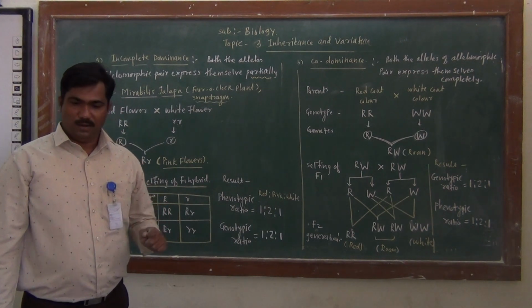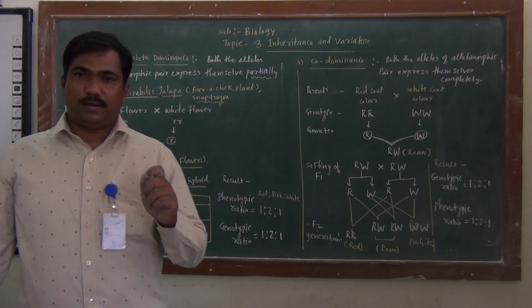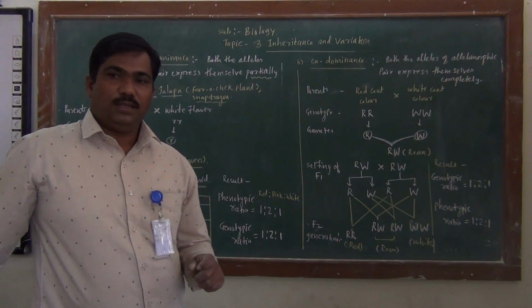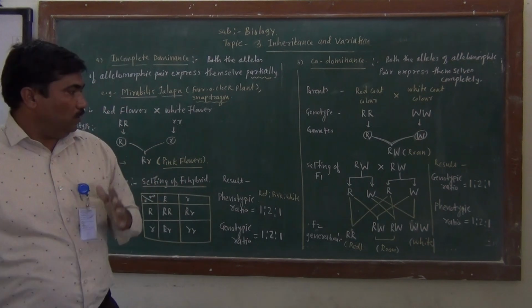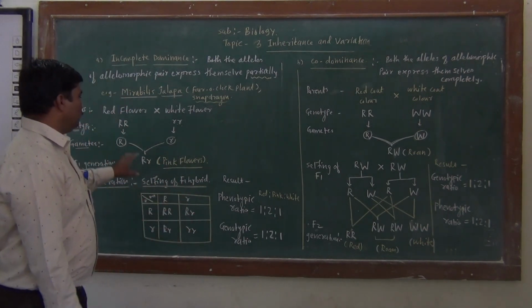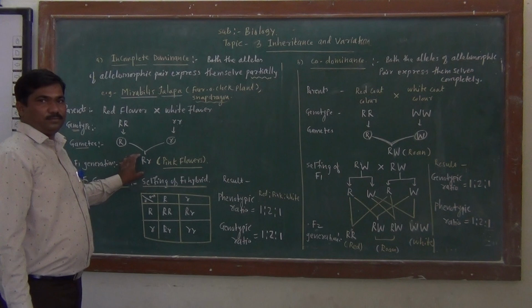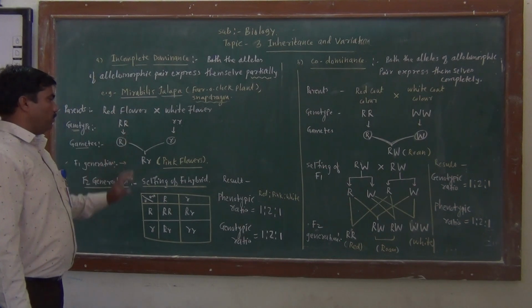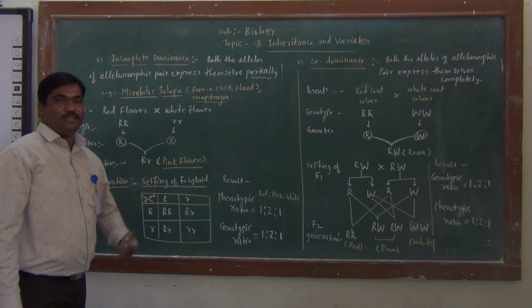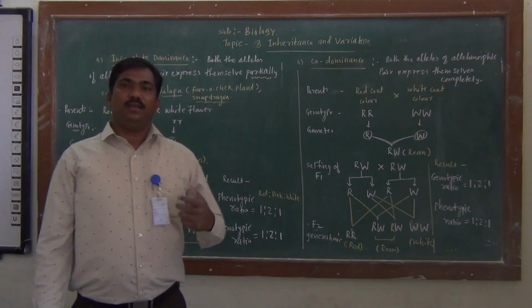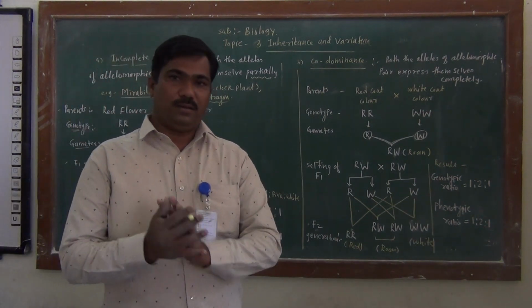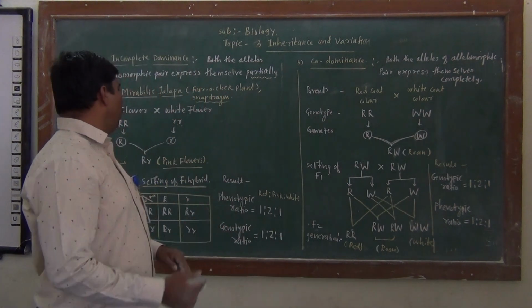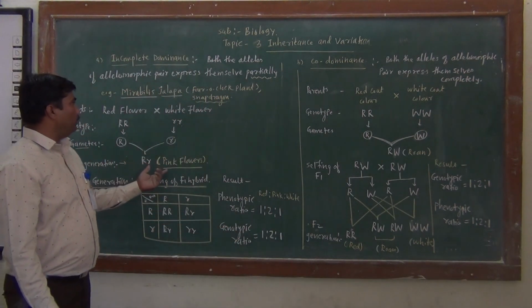According to Mendel, the character appearing in the F1 generation is a dominant character. But we do not observe the dominant character here. We do not observe a red flower. We get an intermediate trait, that is the pink flower. All flowers are pink.